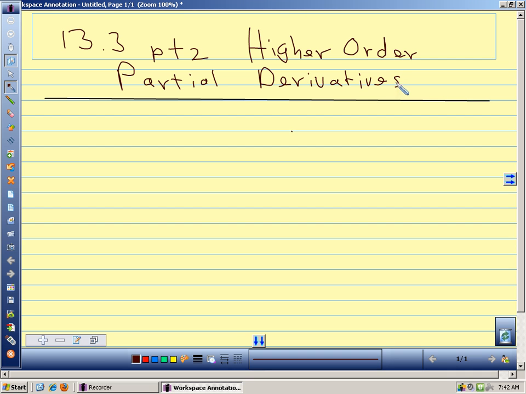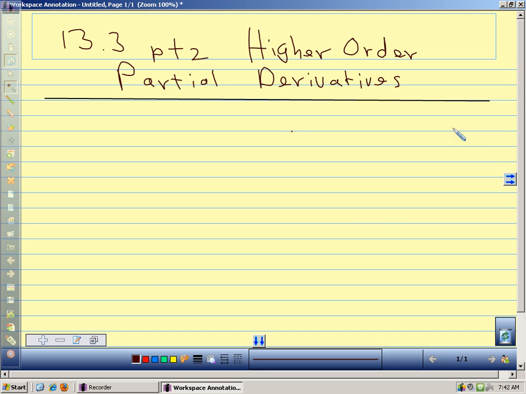We talked about the geometric interpretation of partial derivatives, and we practiced visualizing what our partial derivatives tell us. We calculated a few. Today we're going to talk about second partial derivatives, third partial derivatives, etc.